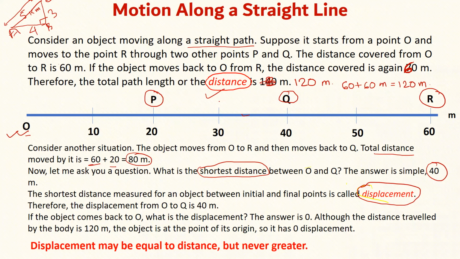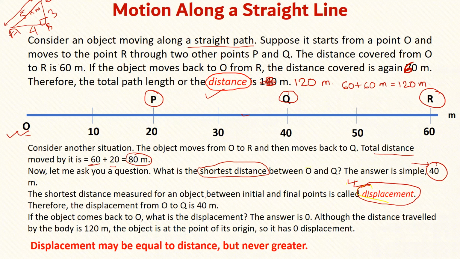So what is the shortest path between your initial position and final position? Here, what is the shortest path between the points O and Q? The shortest distance is simply 40 meters. That is the shortest distance between these 2 points. And this is something called the displacement. What is the displacement of the object? The displacement of the object is simply 40 meters.